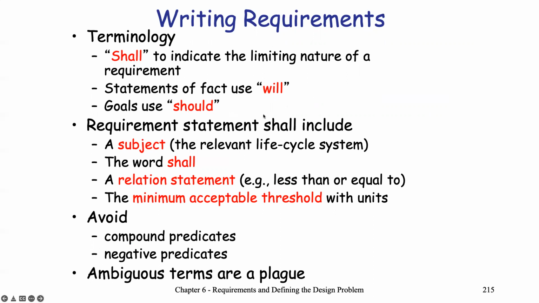Will and should are really not things that you want to have in a good requirement. A requirements statement shall include a subject, the word shall, and a requirement statement at the minimal acceptance threshold. So a subject, a verb, and then a quantity. You want to avoid compound predicates. You want to have every requirement in a single sentence with a single requirement identification, and you want to avoid ambiguous terms.